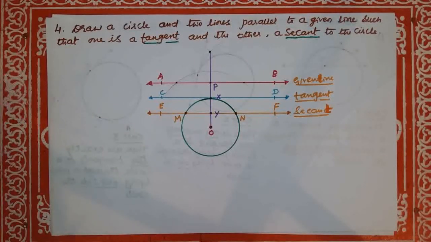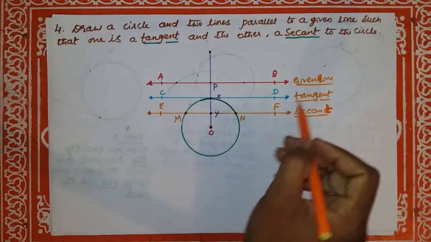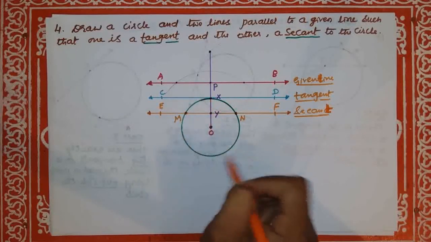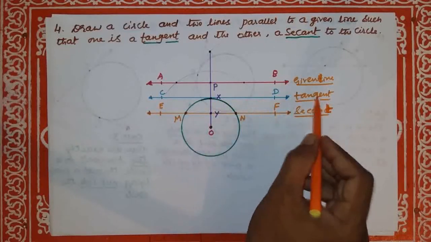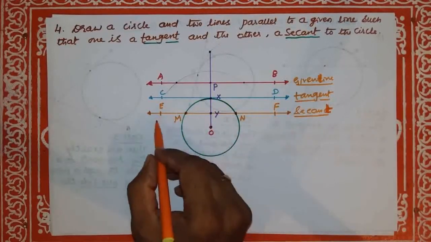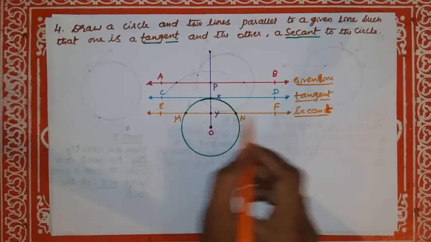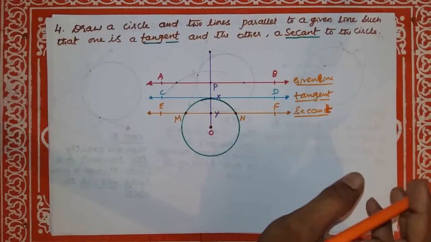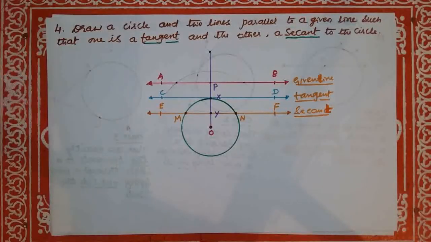Do you understand? This tangent touches the circle at one and only one point. It is called a tangent. The other passes through the points M and N, two points. This is called a secant of the circle.